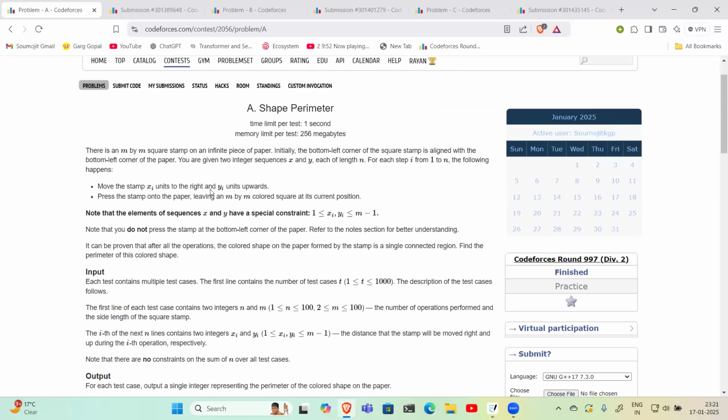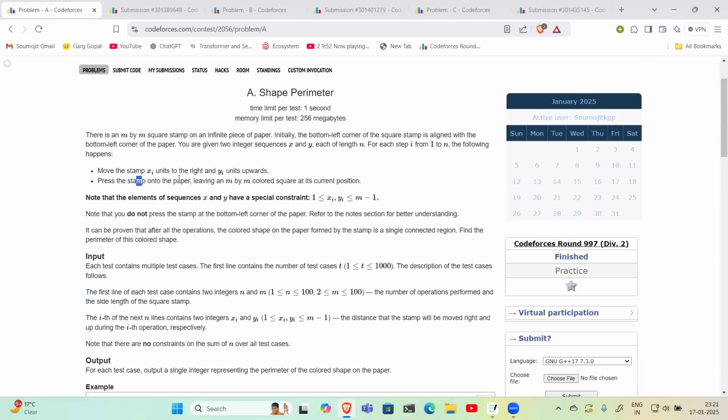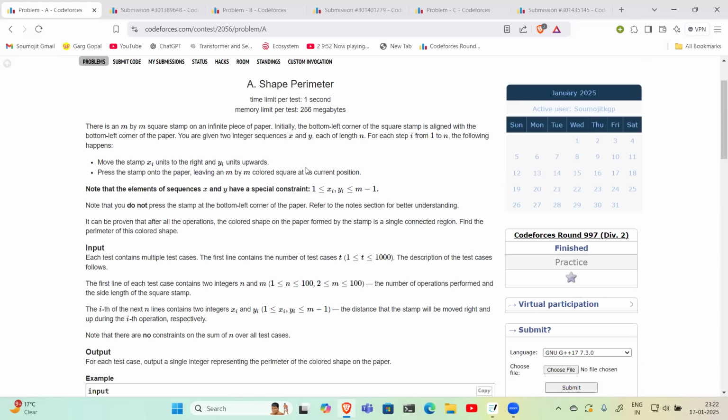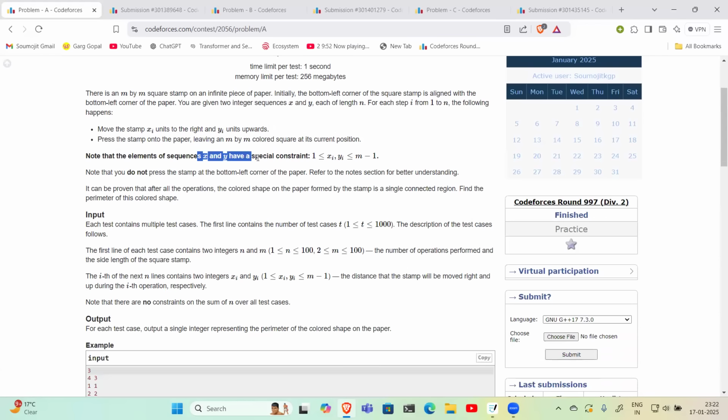For each step i from 1 to n, the following happens. Move the stamp x_i units to the right and y_i units upwards. Press the stamp onto the paper, leaving an m by m colored square at its current position. Note that the elements of sequences x and y have a special constraint: x_i and y_i lie between 1 and m minus 1.